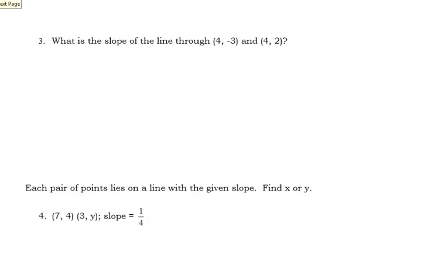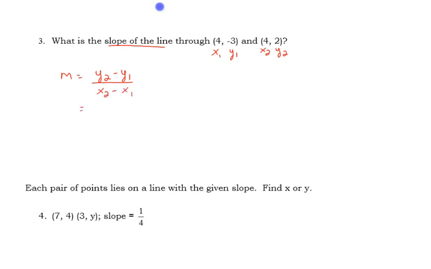All right, on the back, same type of question. Number 3, what's the slope of the line going through the points 4, -3, x1, y1, and 4, 2, x2, y2? To find the slope, we use the slope formula, y2 minus y1 over x2 minus x1.